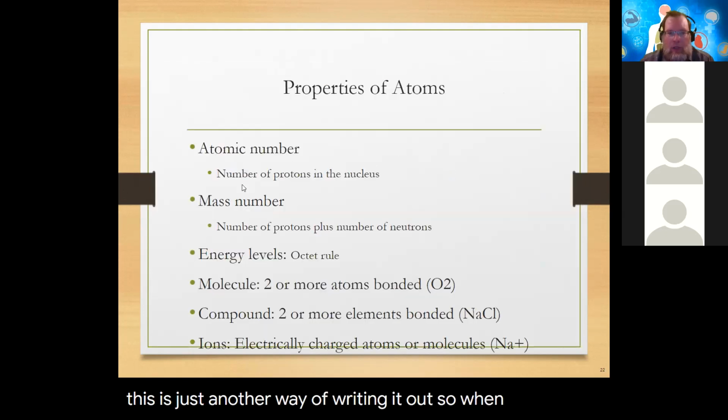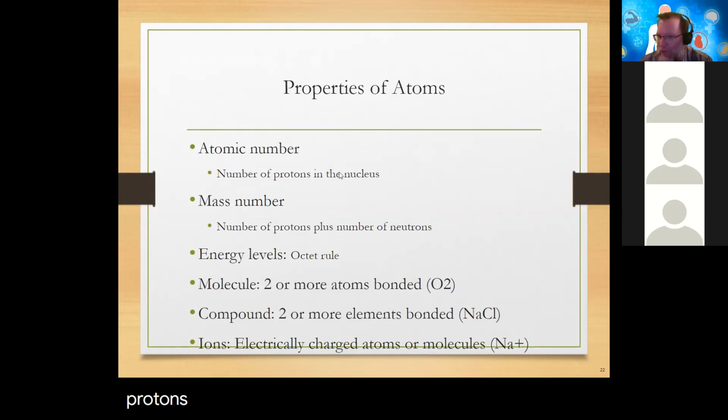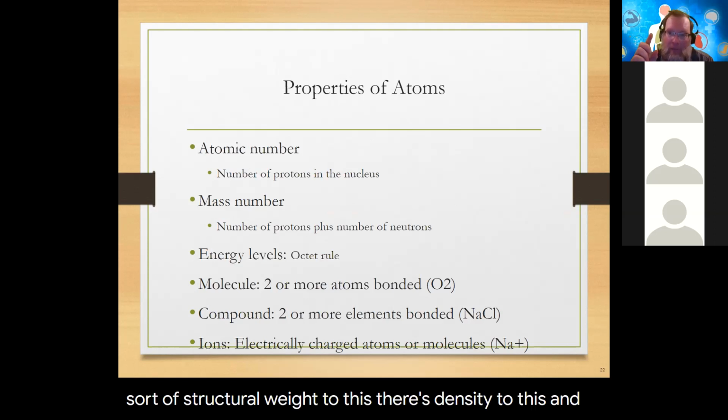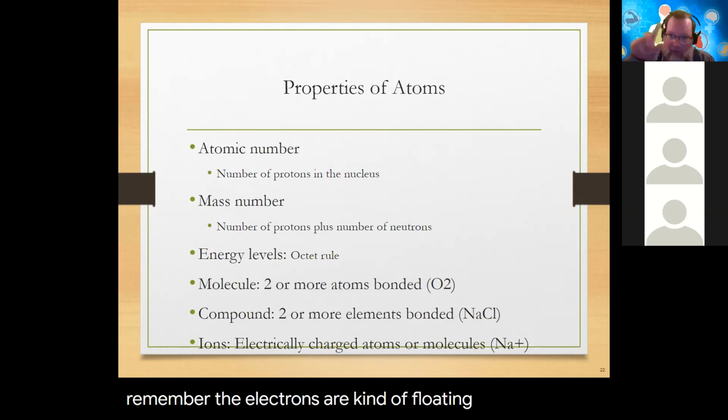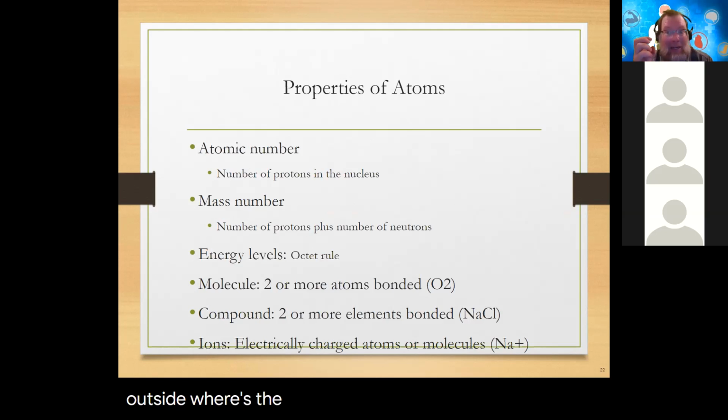Okay, so when we look at properties of atoms, again, that atomic number is the number of protons, which will then tell us the number of electrons. The mass number: mass means there's some sort of structural weight to this. There's density to this, and remember, the electrons are kind of floating around the outside, whereas the nucleus, that's where the weight is.